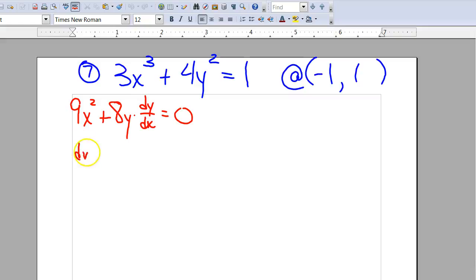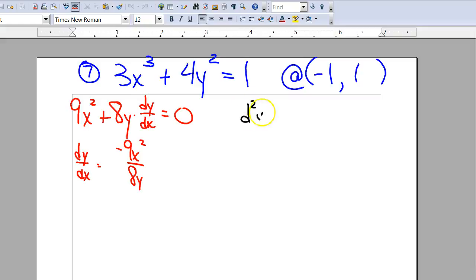So I'm just going to jump to this. The next thing I would do would be subtract 9x squared from both sides and then divide by 8y. Agree? Okay. Second derivative would be quotient rule.